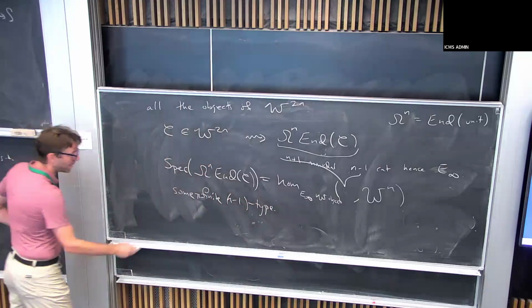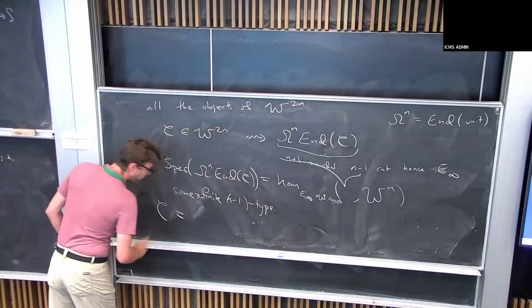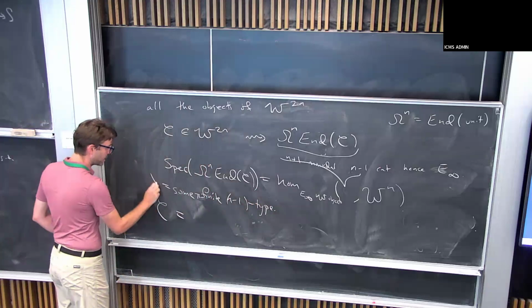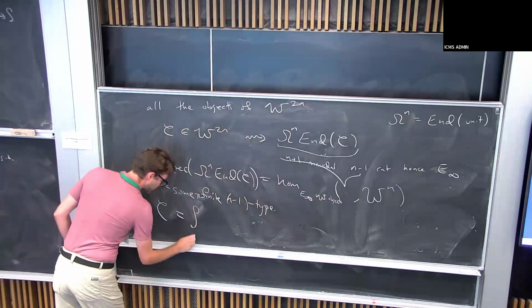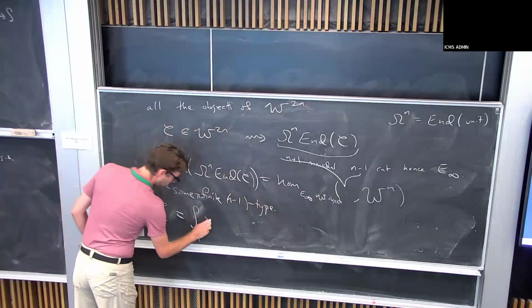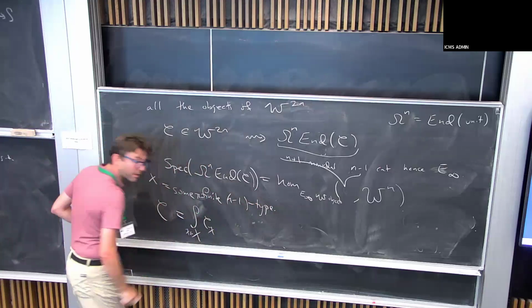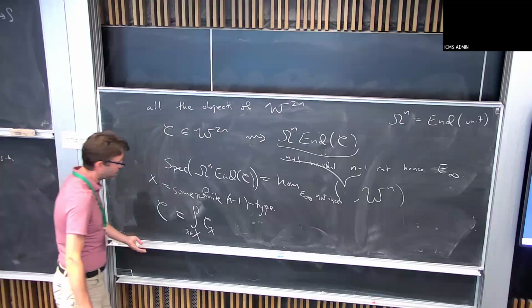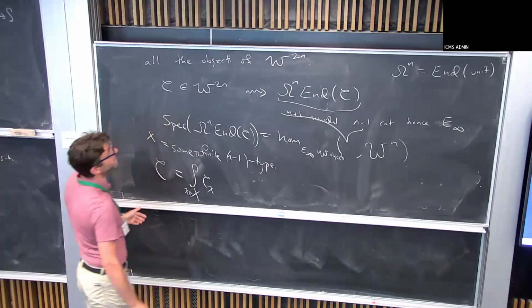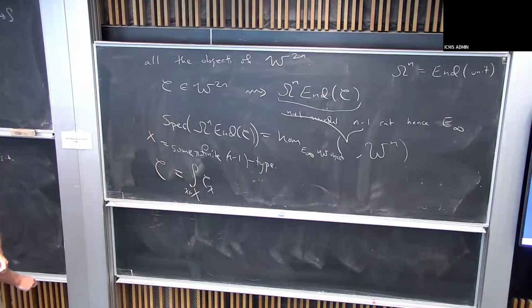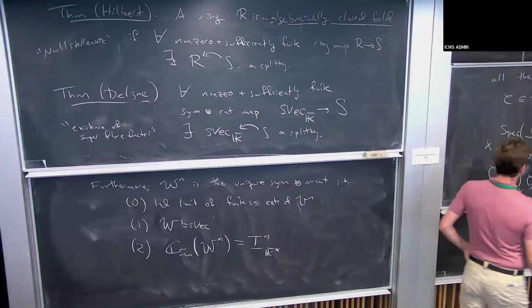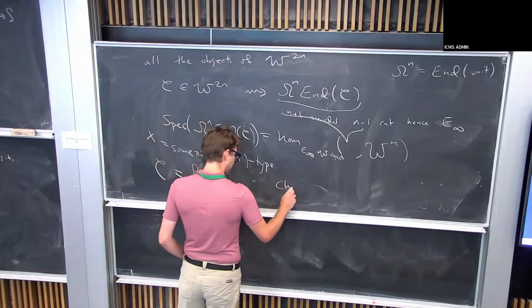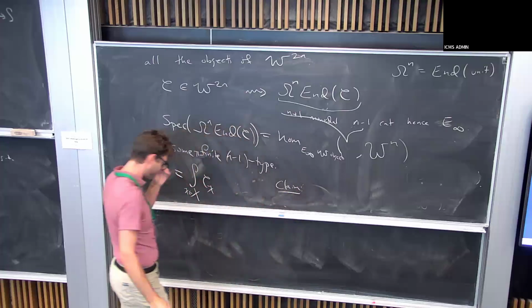And C will definitely decompose, let me give this a name, I'm going to call this X, as an integral indexed by this space. And this is where I use that I'm in this dimension. So do you really have an integral or is it finite something?